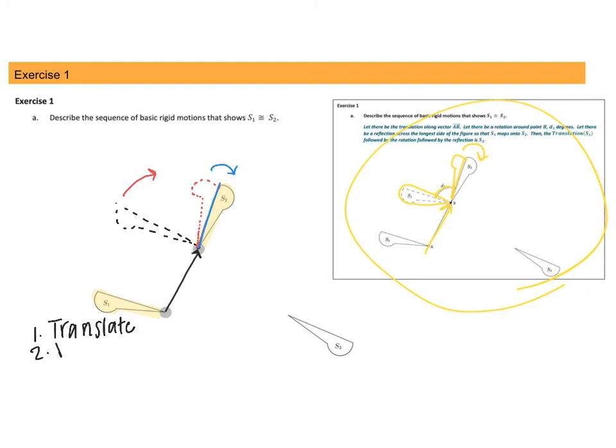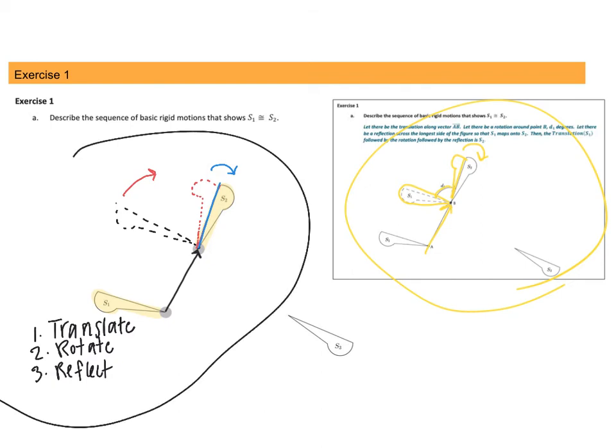Then we would rotate until it matches up, and then we would reflect. So that's the order that we did these movements here. Okay? Make sure you have some sort of drawing here, showing that we did this, and also you write down those steps. Okay? Moving on.